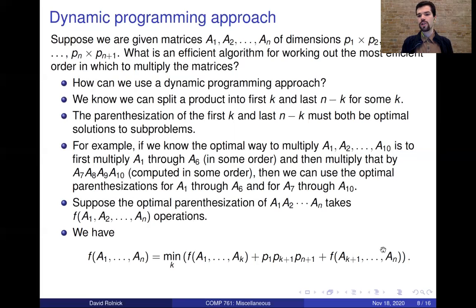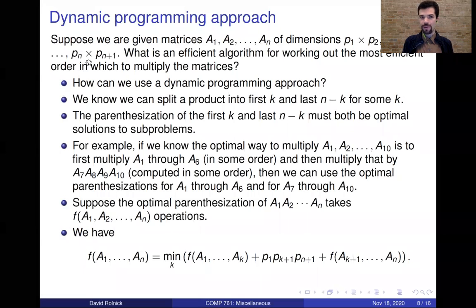This number is the optimum for the second block of n minus k. And then we have to actually multiply these two together. And so that's going to be p1 times the inner dimension, which is pk plus 1. Remember, these are the dimensions of the matrices up here, times the outer dimension. This depends on k, where we broke it. And we just take the minimum over all k.